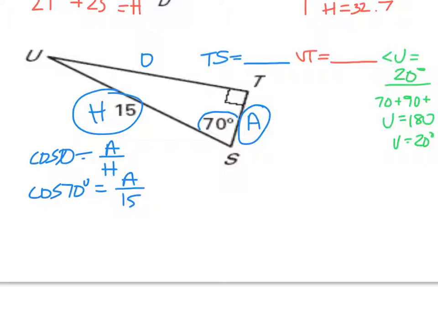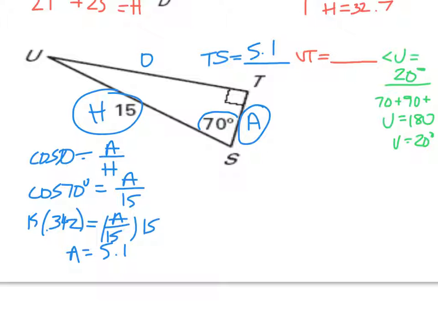Look up cosine 70 in your calculator. We get 0.342 equals A over 15. And then we're going to multiply by 15 on both sides. 0.342 times 15 is 5.1. And that was side TS.